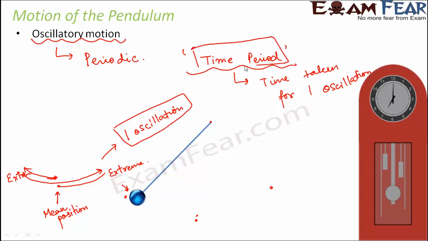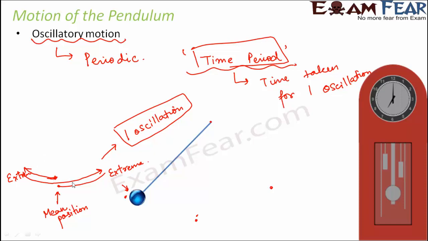For a particular pendulum, the time period will remain constant because all the oscillations are repetitions of each other. The time taken by the first oscillation would be equal to the time taken by the second oscillation, which would be equal to the time taken for the third oscillation, and so on.